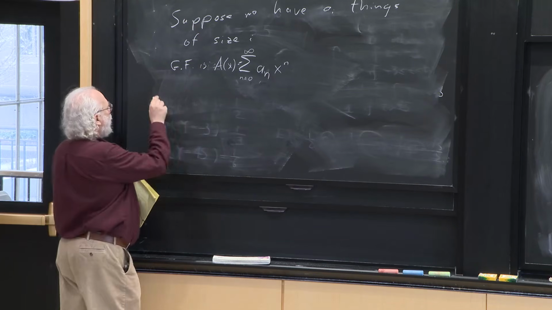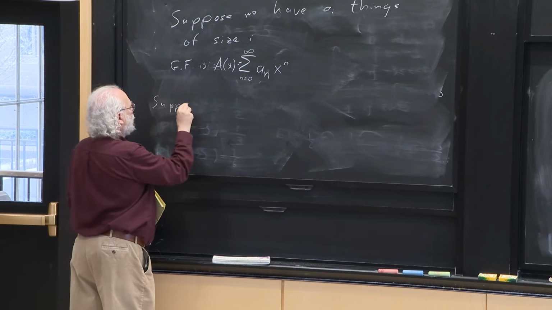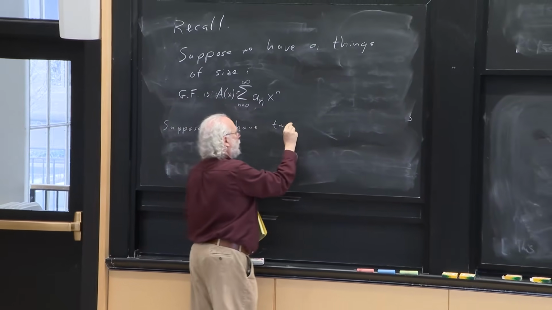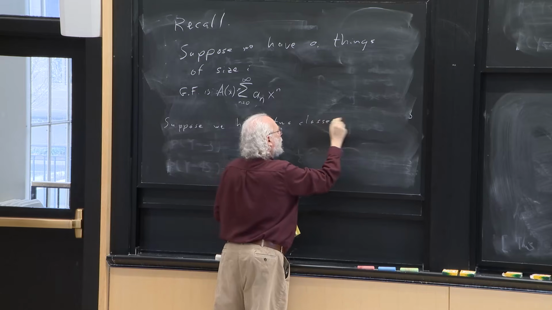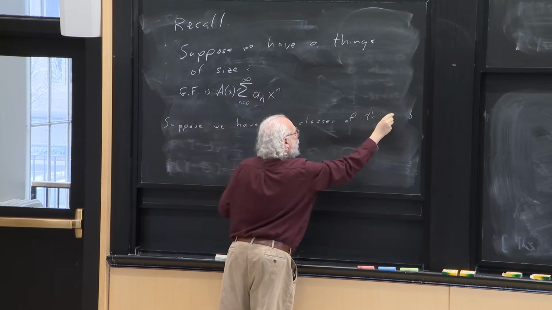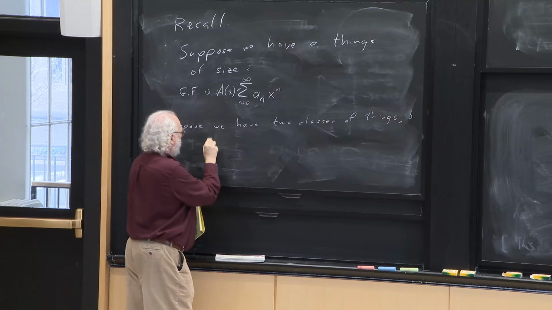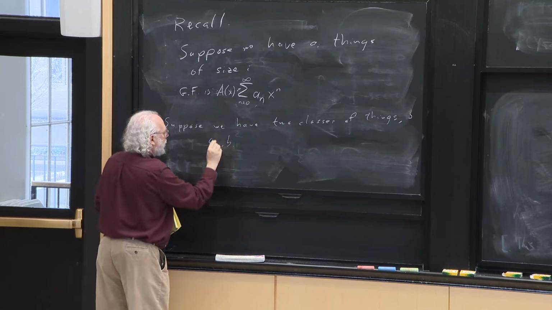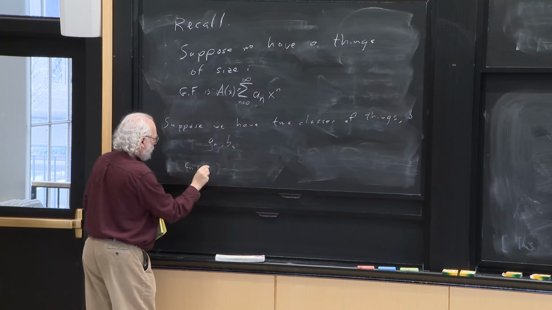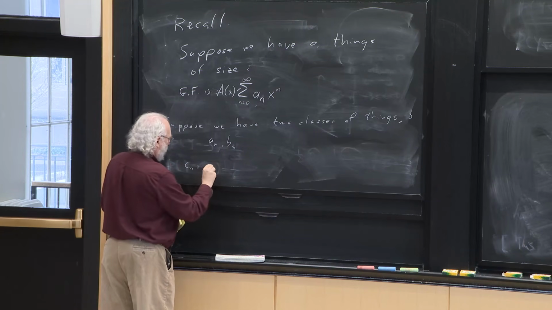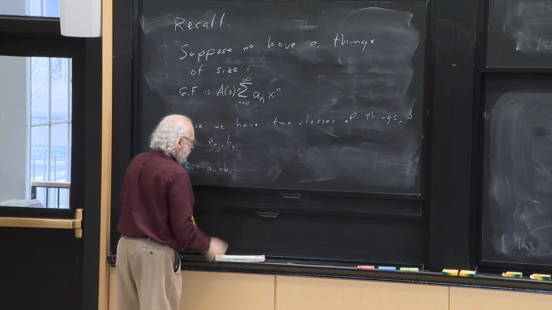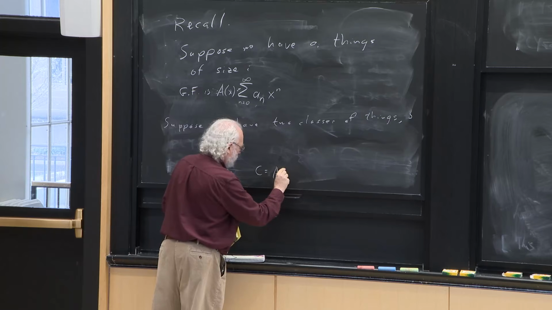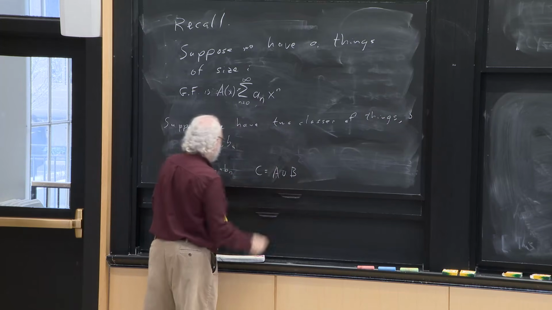Okay, and suppose we have two classes of things, A sub n and B sub n, and C sub n equals A sub n plus B sub n, where C is the union of A and B, or the disjoint union.